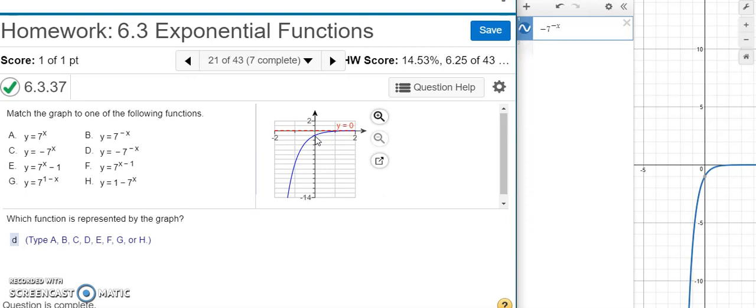So we still have this point resting here at 0, -1. So that tells us that we have our reflections, but no further transformation. And so we can stop and be satisfied here with -7 raised to the negative x power. So that is how we know that the answer choice for this graph is going to be D.